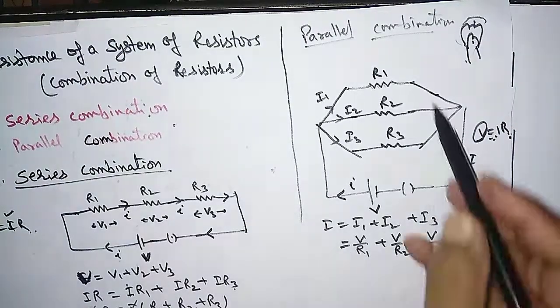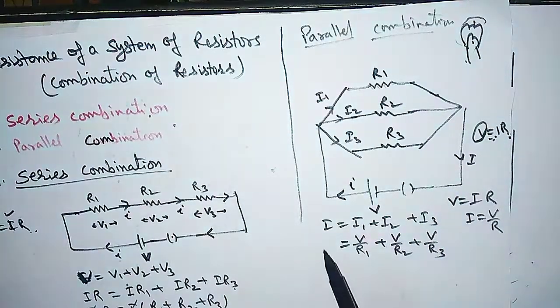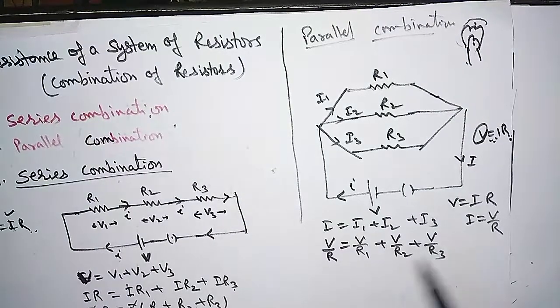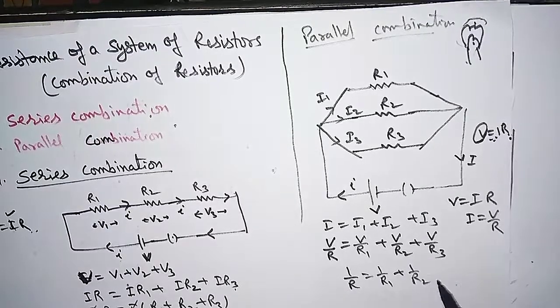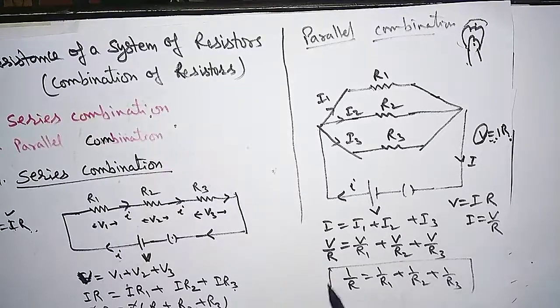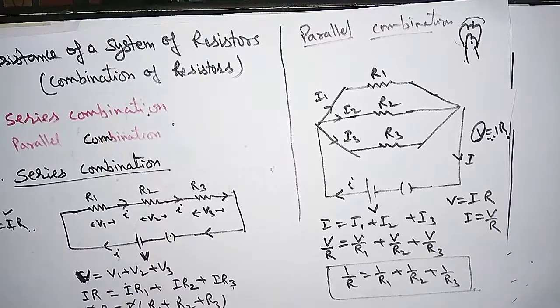And if the resultant resistor in place of these three is R, you can write I is equal to V upon R. Now V will be cancelled on both sides. You can write 1 upon R is equal to 1 upon R1 plus 1 upon R2 plus 1 upon R3. This is the resultant resistance.